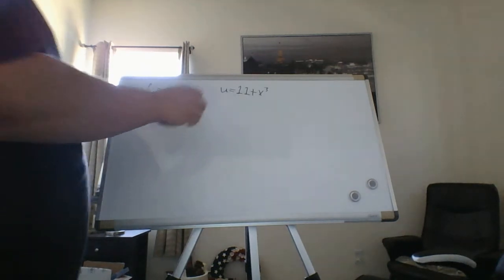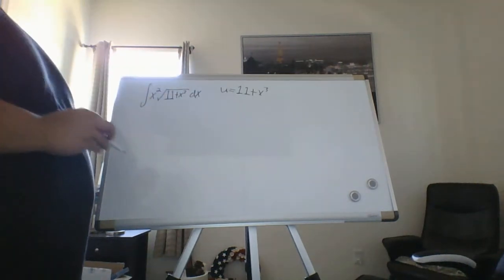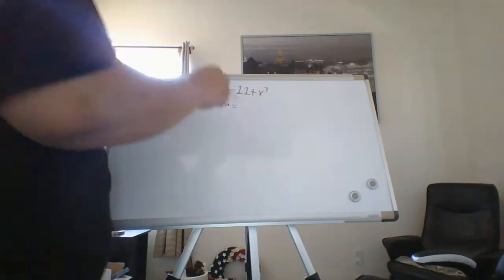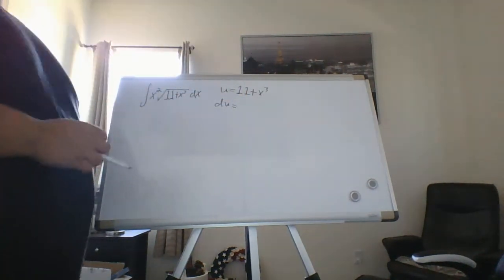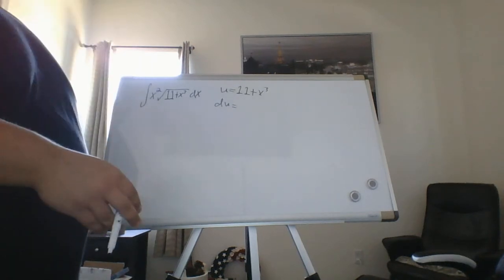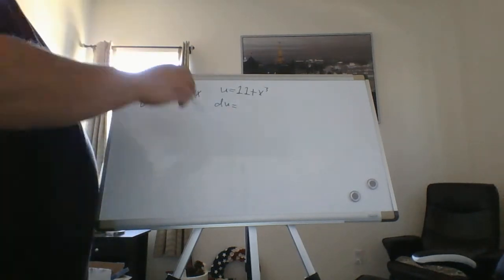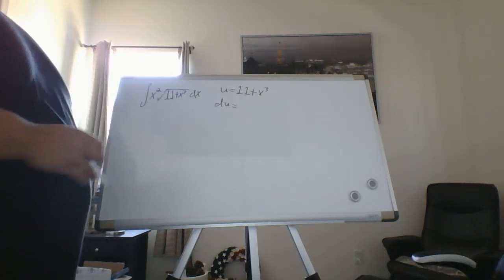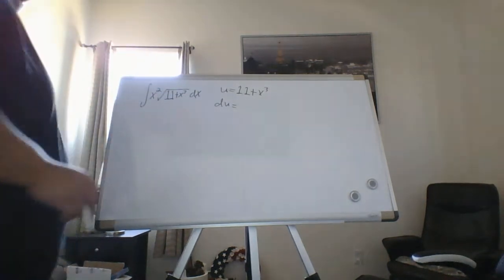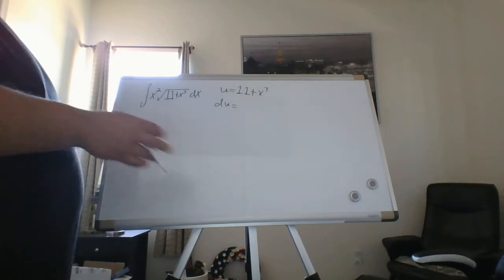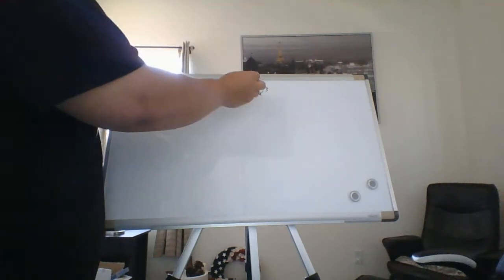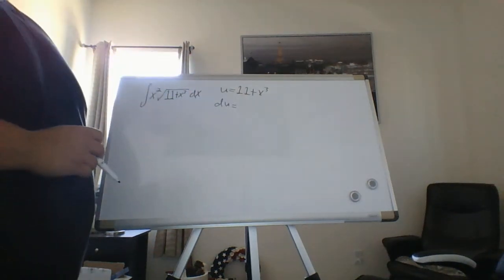We also have to take the derivative of u. So the derivative of u, since 11 is a constant, it equals 0, so we can ignore it. And we can take the derivative of x to the power of 3.